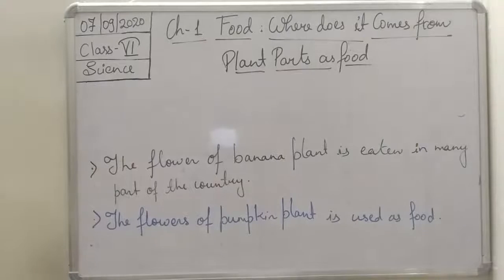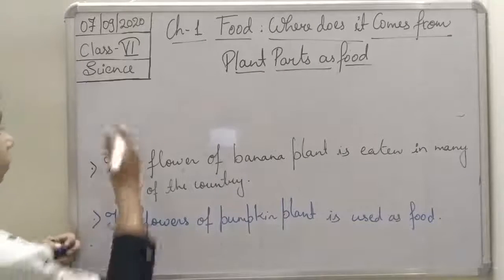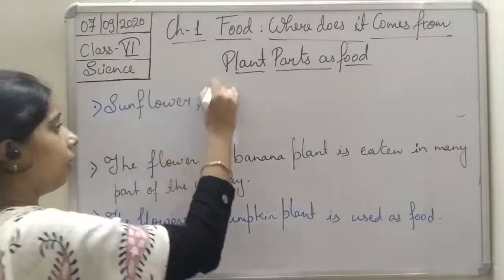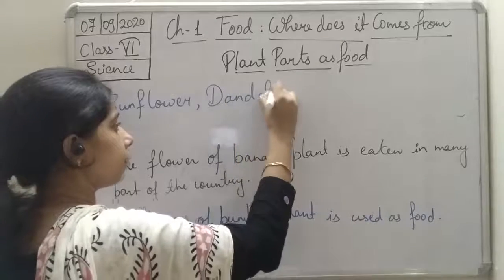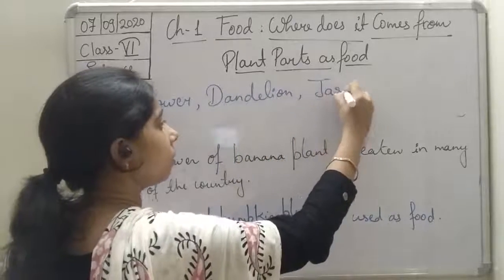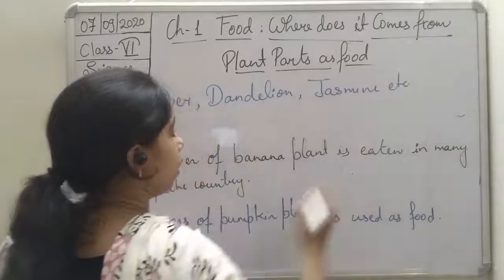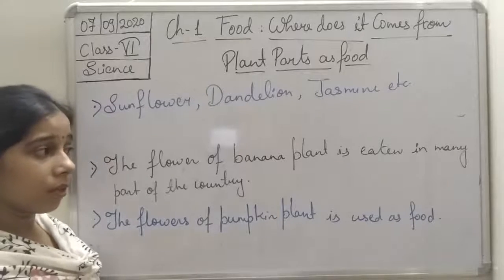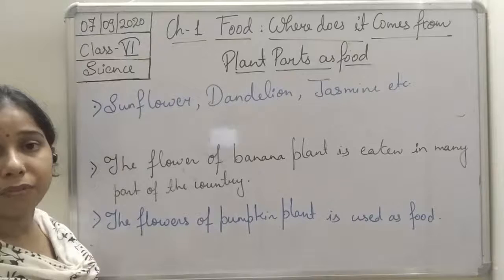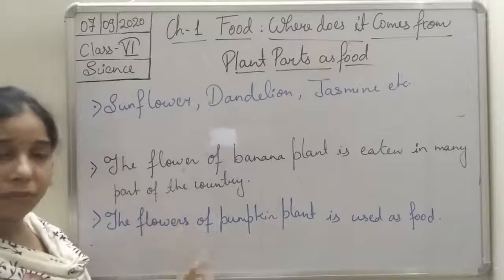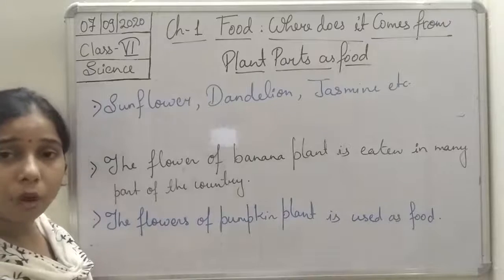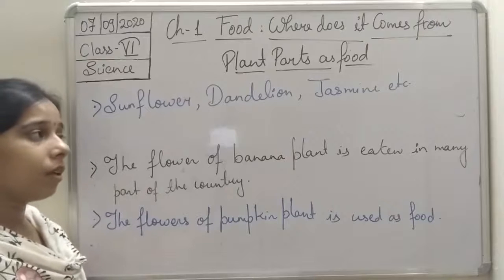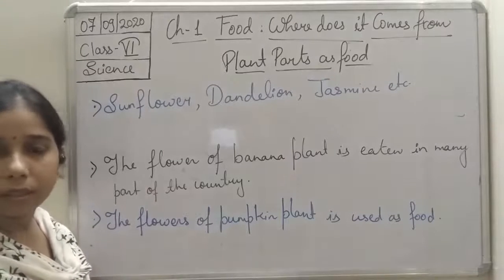So we can write it: sunflower, dandelion, then jasmine, etc. So these are the different examples of the flowers, student, which are eaten as food from different plants. And one thing is common here, that the edible part of these plants is the flower which we eat.